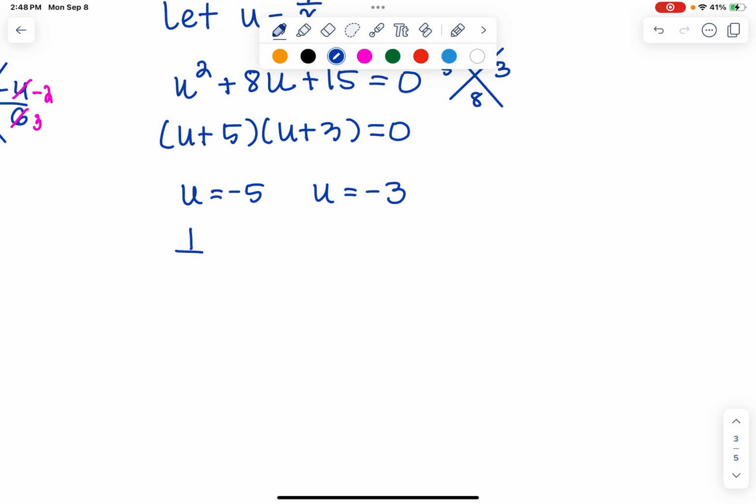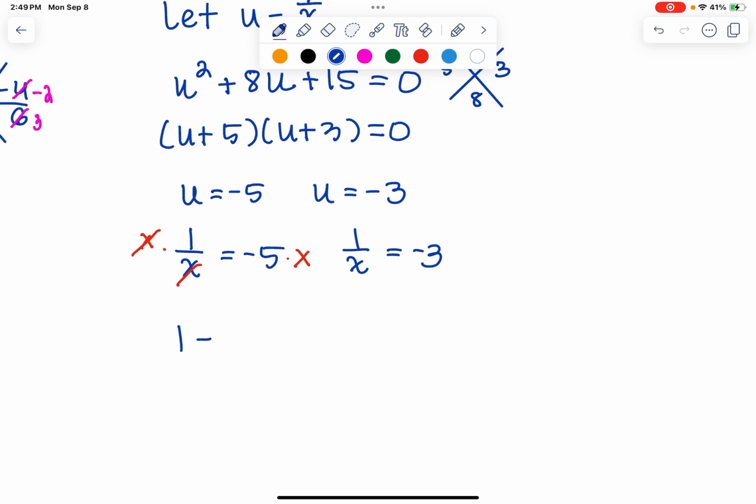1 over x is equal to negative 5. 1 over x is equal to negative 3. You could solve this the exact same way. Like you could make this a proportion and cross multiply, okay? Or you can say multiply both sides by x. Multiply by x. Multiply by x. Those cancel.